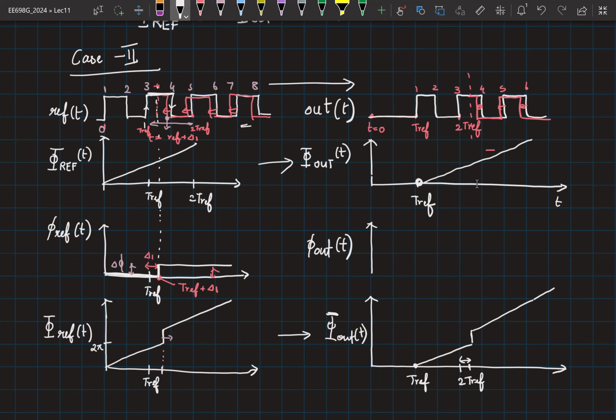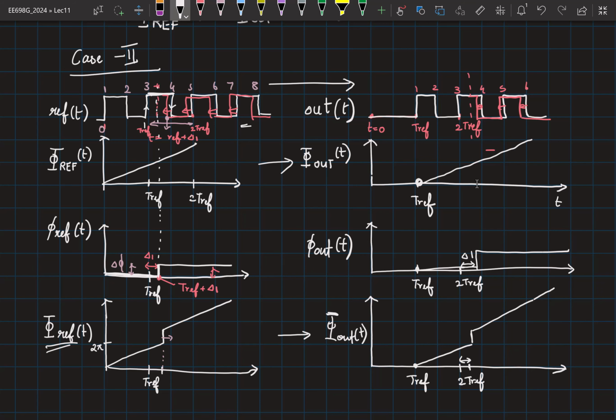So the total phase at the output will look like this, because that is simply total phi ref of T delayed by T ref, which means the small signal. So if this was T ref, originally you had the step happening at T ref plus delta 1, which means now you will have it happening with a delay of 2 T ref plus delta 1. So it is 2 T ref plus delta 1, and your signal is going to rise here. Okay?